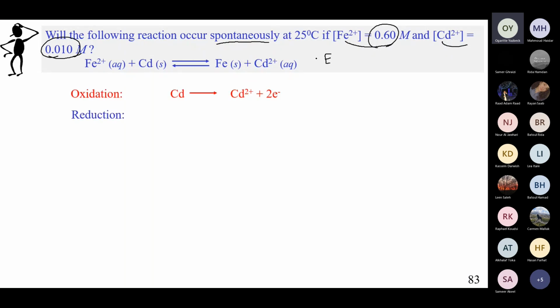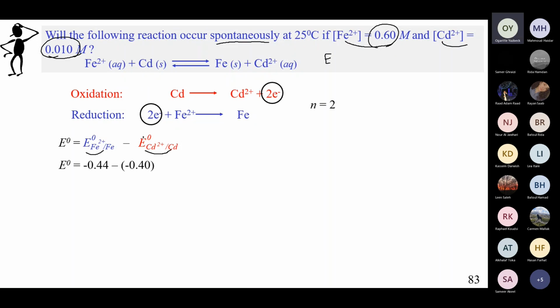First, under standard conditions, we should get the E naught of the iron and the E naught of cadmium. And it's not really up to me because they already gave me the reaction.